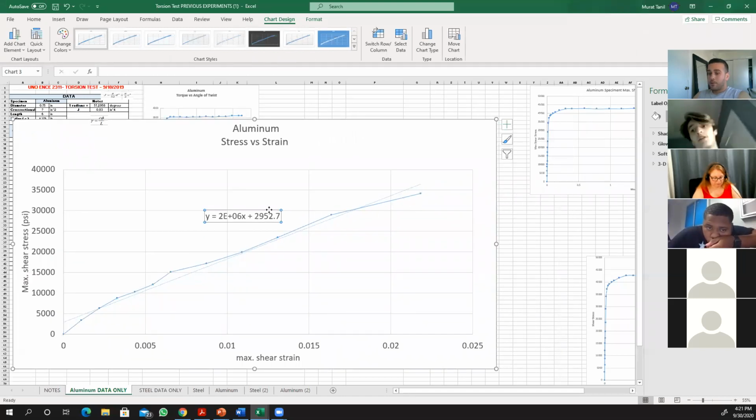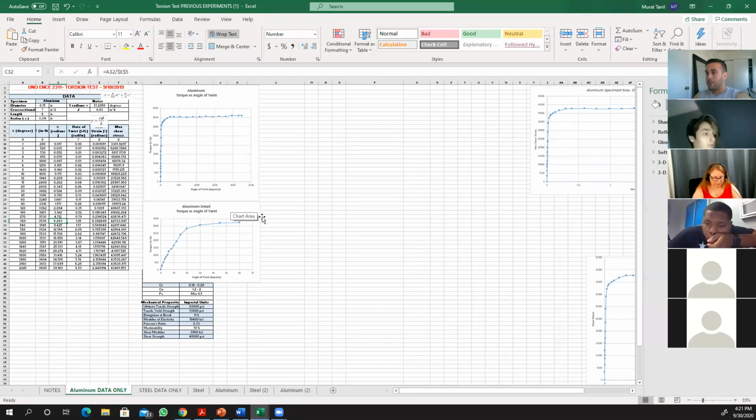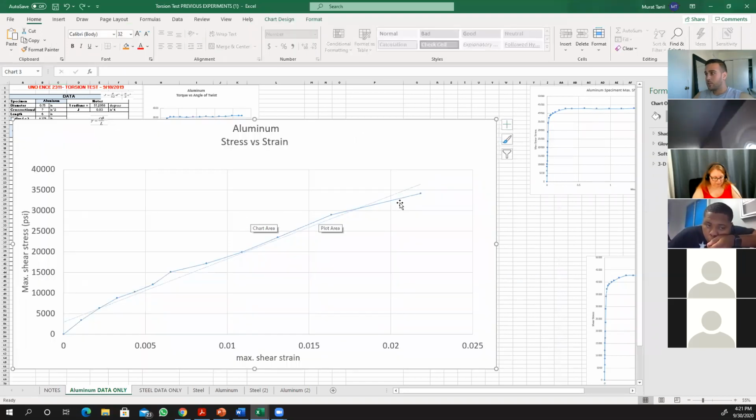To do this graph, you can get it from the graph.